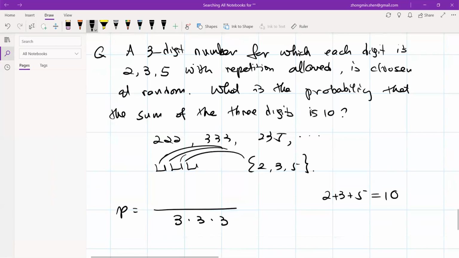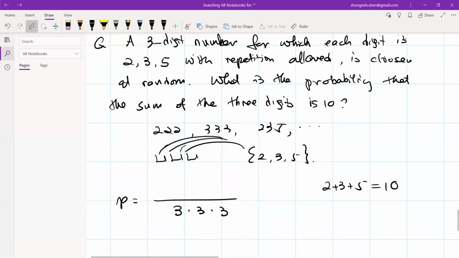No, right? 2, 2, 2 is not; 3, 3, 3 is only 9. So the 3 digits must all show up, otherwise you're not going to get the sum equal to 10.